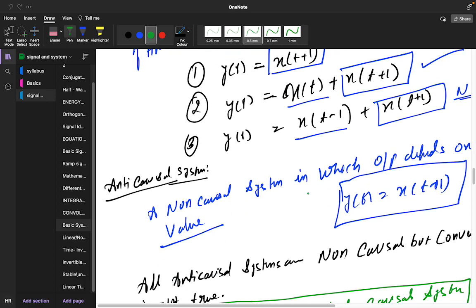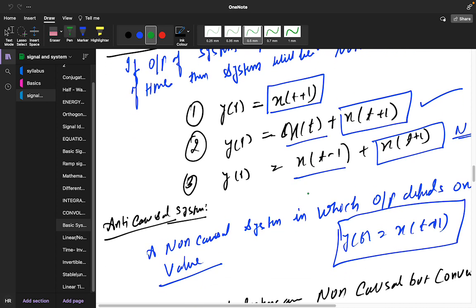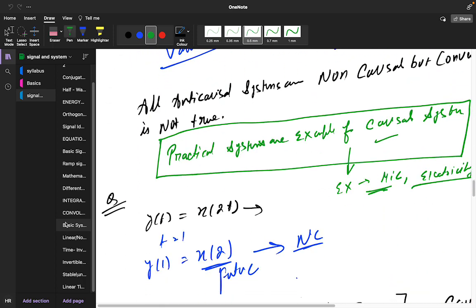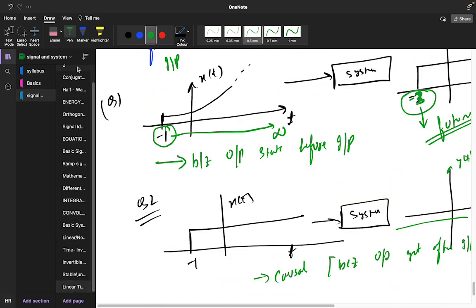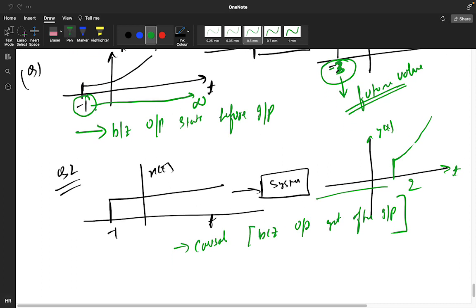Every anti-causal system is non-causal, but vice versa is not true. I already showed you these things. In the GATE examination they will give you such questions and ask whether it is a causal or non-causal system. In ES examinations also they do the same.